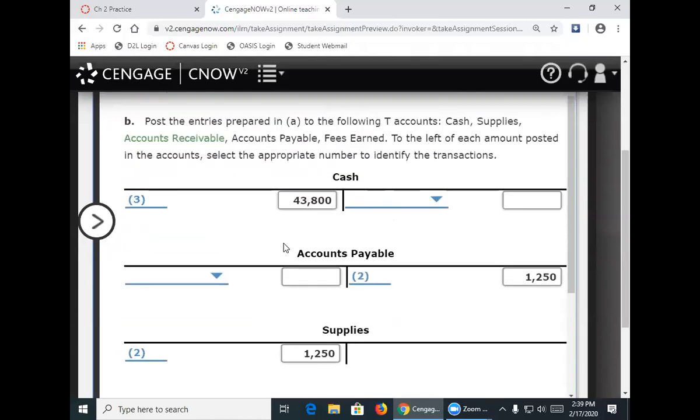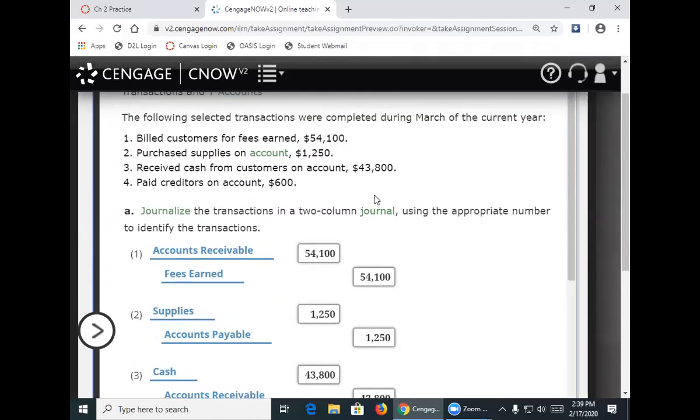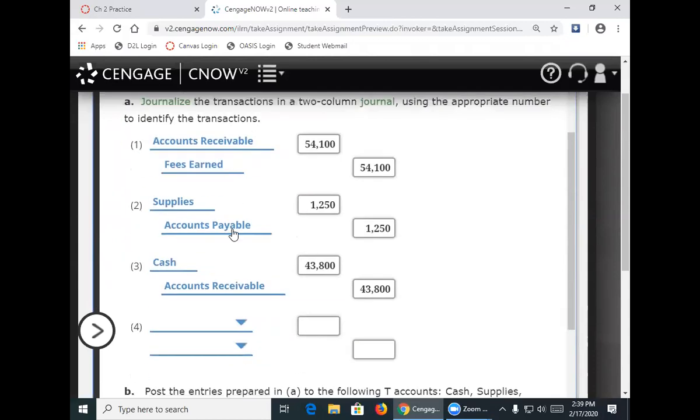And then last but not least, we have number 4. We paid creditors on account $600. So what's being affected there? What 2 accounts? Accounts payable and cash. Very good. Is cash increasing or decreasing? Decreasing, right? Because we paid. So it's going to be a credit.